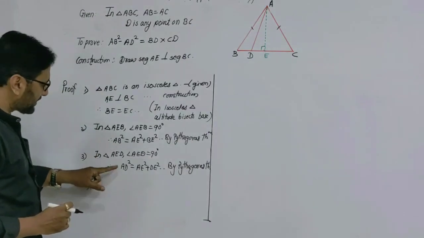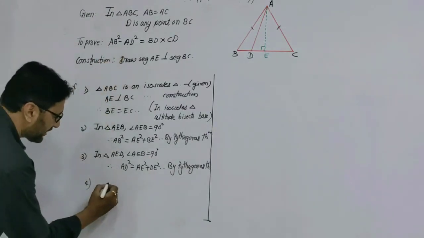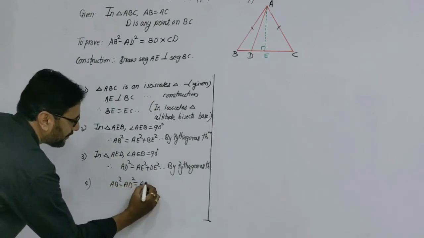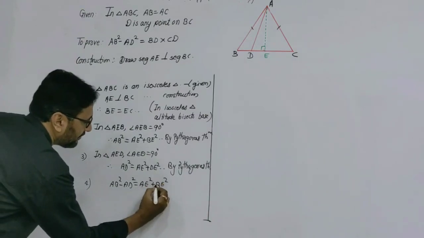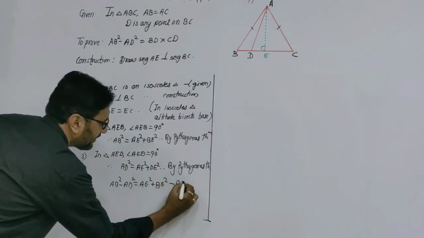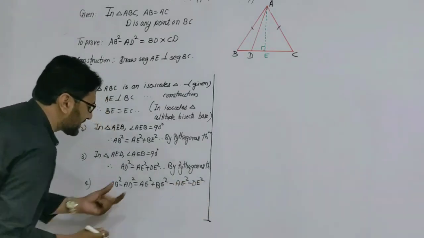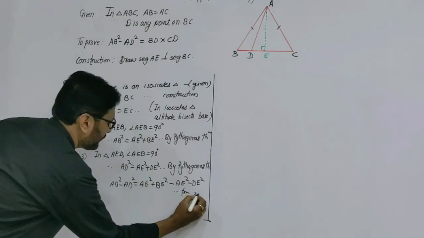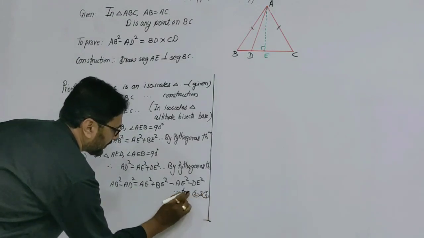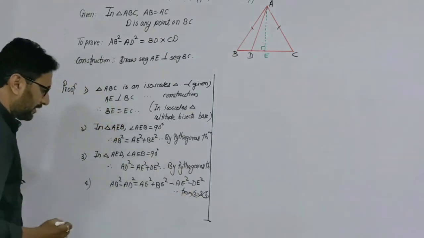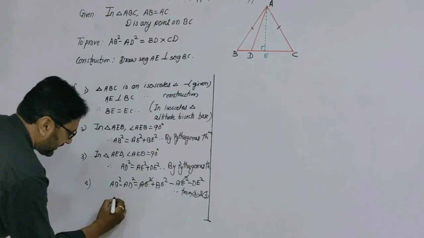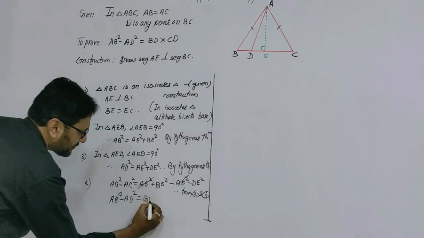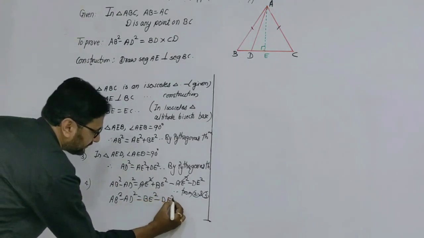Now AB square minus AD square equals AE square plus BE square minus AE square minus DE square, because we are subtracting this from this. So from 2 and 3, AE square gets cancelled. You will get AB square minus AD square equal to BE square minus DE square.